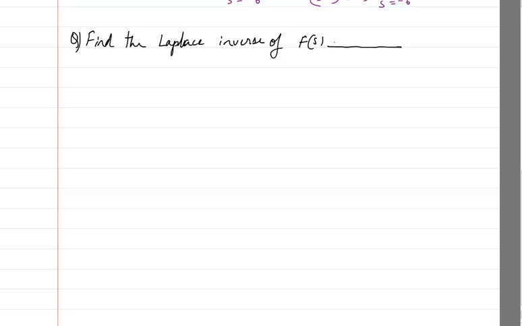Question: Find the Laplace inverse of F of s, which has in its denominator s plus 2 and s plus 3, and in its numerator it has 2.